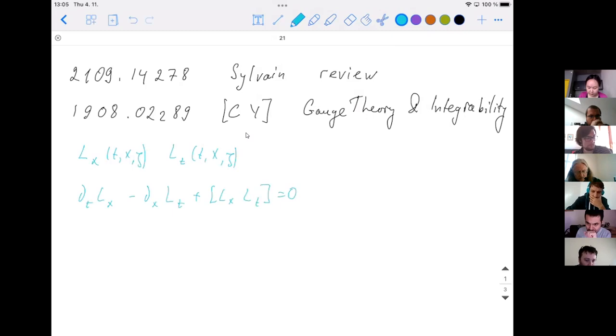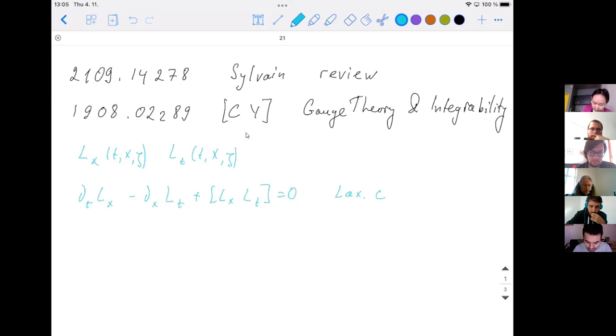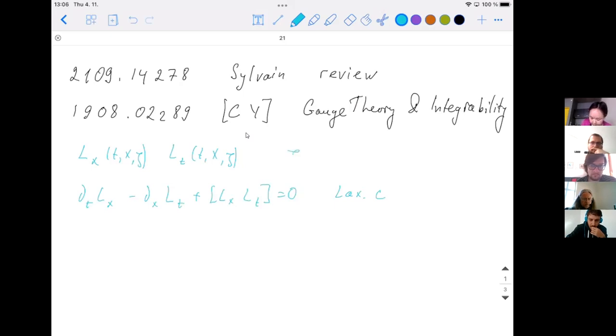If this Lax connection is fulfilled, then it's the starting point for integrability, I think. But the important point here is that this Lax pair has to depend on the spectral parameter zeta.